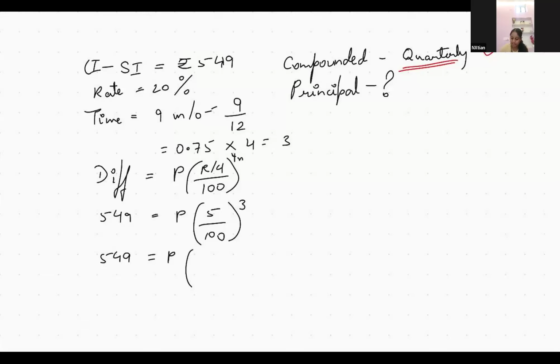The formula is 1 plus 5 by 100 raised to the power 3. That's what you're asking, right? Yes, and then minus it by 1. The answer you get after raising it to the power 3, will you minus it by 1? 105 by 100 minus 1.